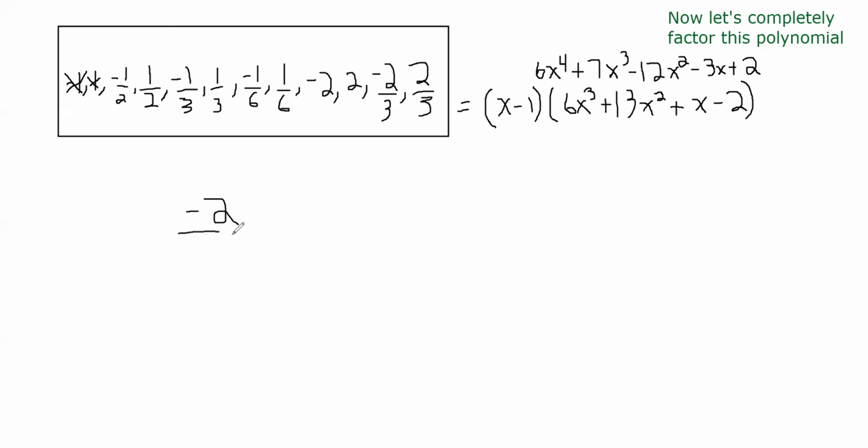But if they do work, we will be happy. So we're going to try -2. Remember, that's the factor x plus 2. We're going to write out these coefficients, 6, 13, +1, -2. And we're going to try them out.